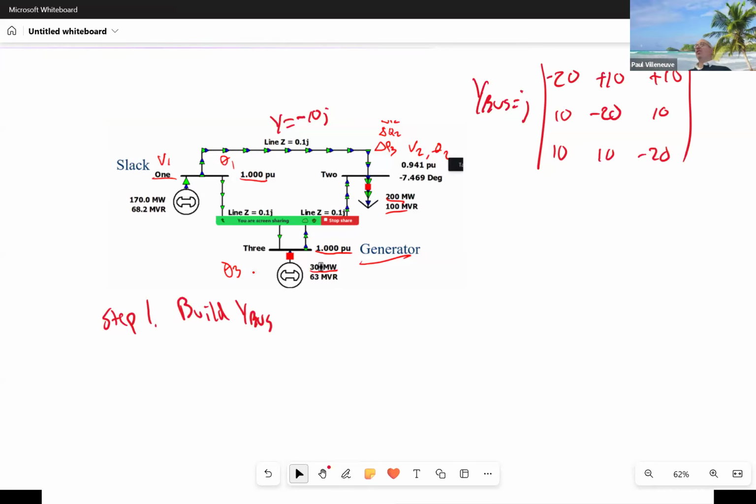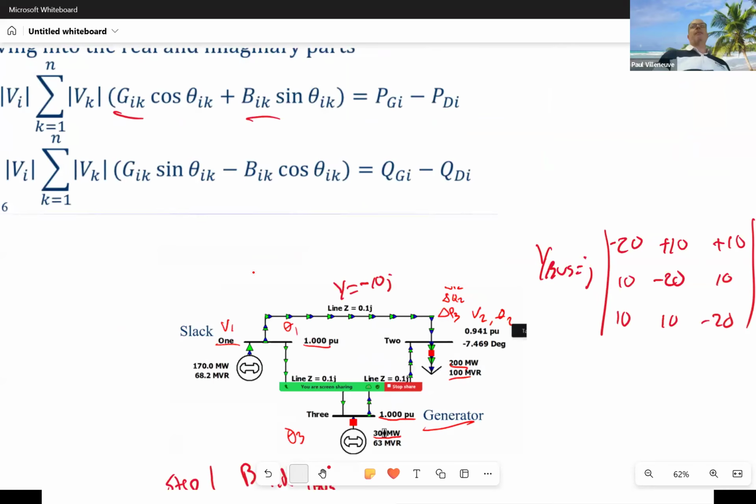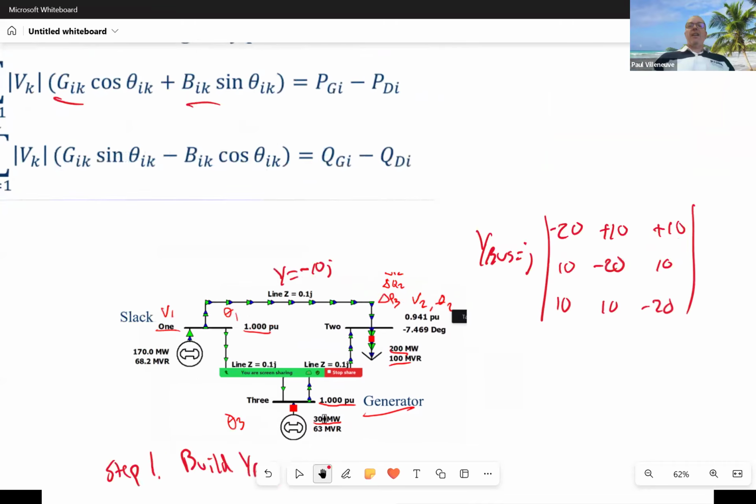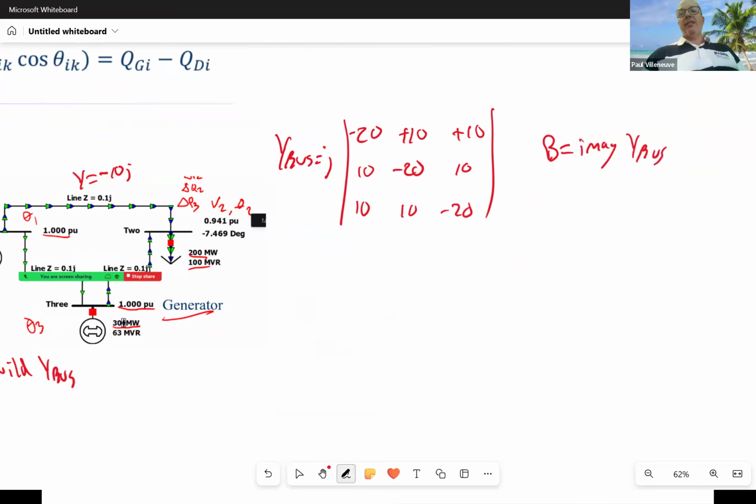Now, this is just a suggestion. You don't need to do this, but I find that this is really helpful in setting up my MATLAB. You'll notice up above, I've got a bunch of G's and B's in my equations, right? So B is equal to the imaginary part of Y bus, and G is equal to the real part of Y bus.